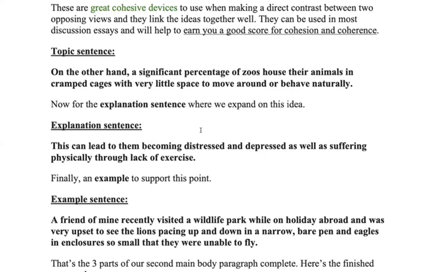There is a high percentage of zoos that house their animals in small cages and captivity with very little space, not big enough space for them to move around. So now this is a topic sentence. Now you need to explain it, to expand this idea, okay?